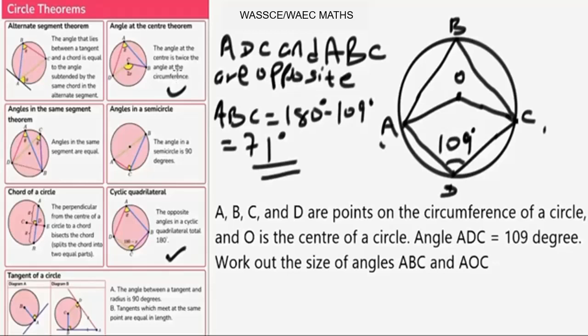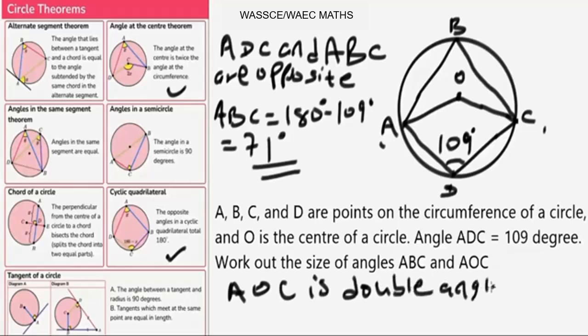Now that we are going to make use of this rule, that means our angle AOC is double angle ABC. So angle AOC is double angle ABC.